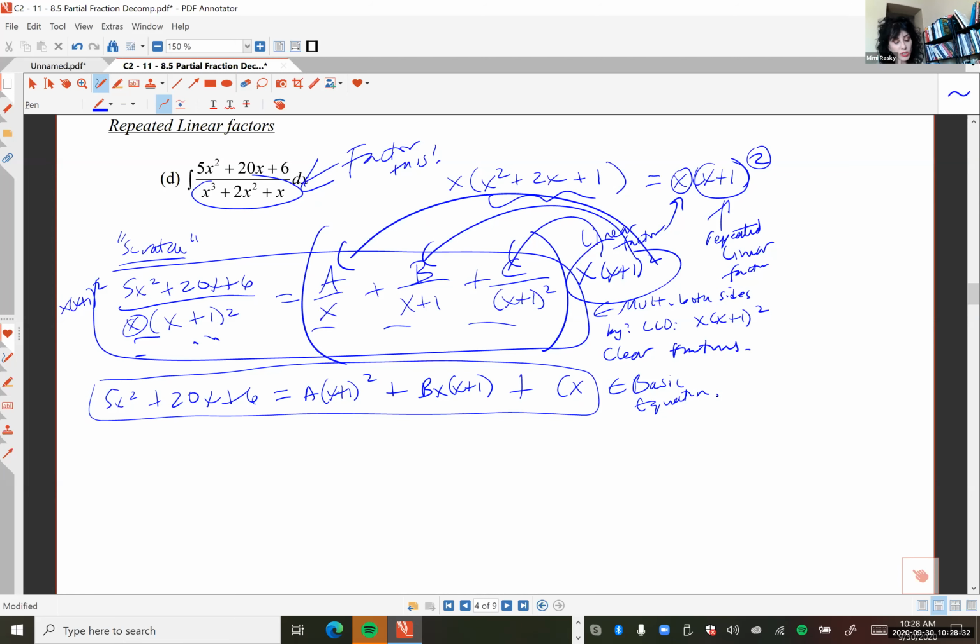Now what? Use the basic equation to help you get your unknowns, A, B, and C. How? Very carefully. You got to think. Well, the first thing I'm going to do is I'm going to go, what can I substitute for x that would kill off all the terms except for 1?